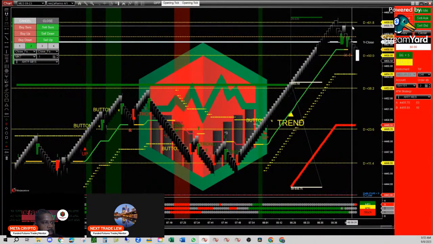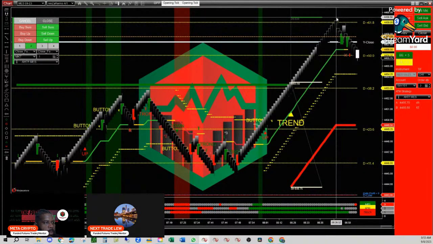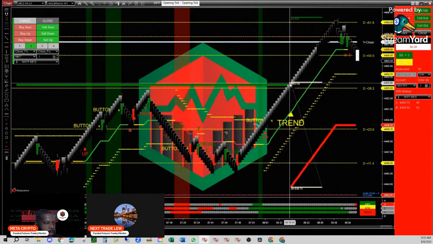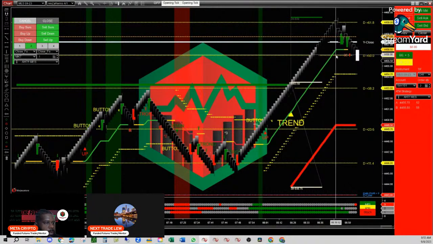You see the rejection off the 61.8 right here on the ES, which I'd have been kind of mad because if I would have taken this trend trade, I probably would have started protecting profit around the 50 area or yesterday's close once it made it past there.